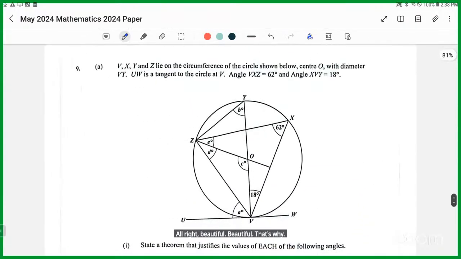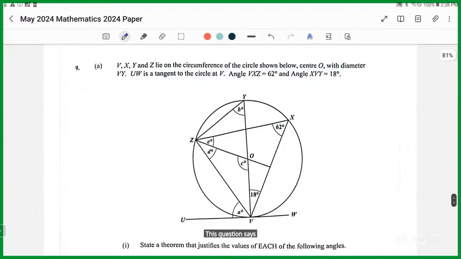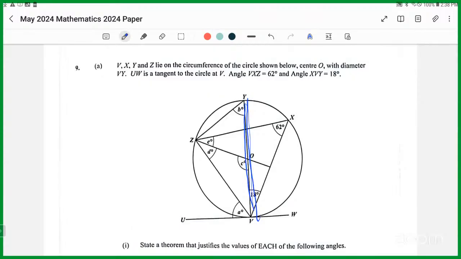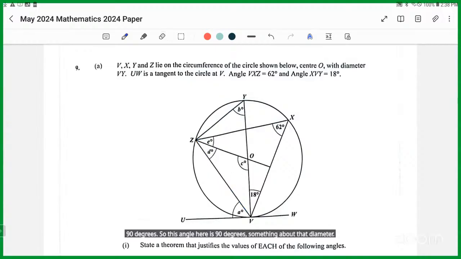This question says, V, X, Y, and Z lie on the circumference of a circle drawn below, center O. The diameter is VY. So that's a diameter right here. Remember, the angle subtended by a diameter is 90 degrees. So this angle here is 90 degrees, subtended by that diameter. All right, let's see what else it says.